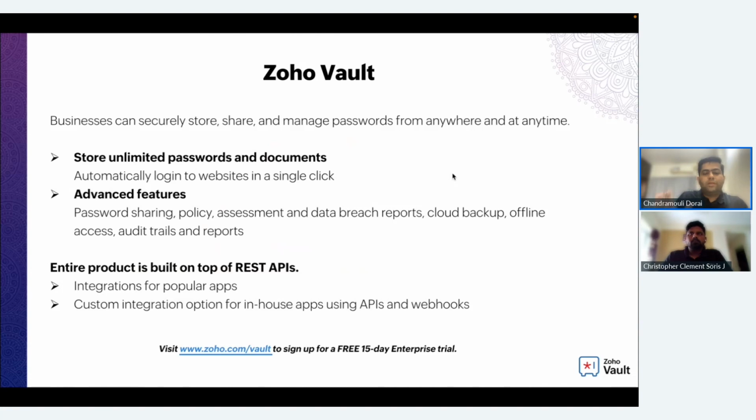Not just store and share passwords, it also helps you have a password policy for your company and detects passwords which are part of data breaches. Being a SaaS solution, it also offers offline access, backup via cloud or offline methods, and comprehensive audit trails and reports.